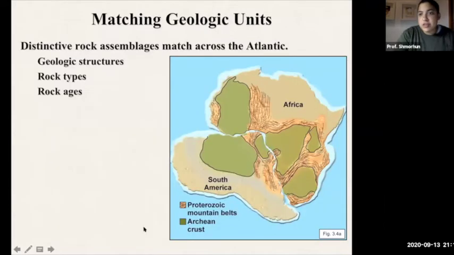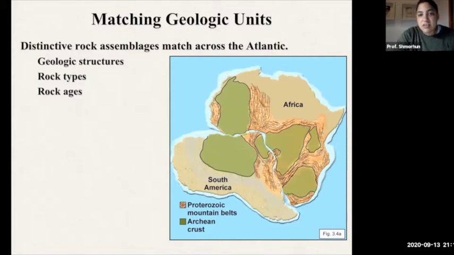The final observation is the matching geologic units, where there are distinctive rock assemblages that match across the Atlantic. A really good example would be the Appalachian Range, which is in the eastern part of North America and extends up through some remnants in Greenland. This rock type matches with the Caledonides in the western and central parts of Europe underneath the Scandinavian peninsula.